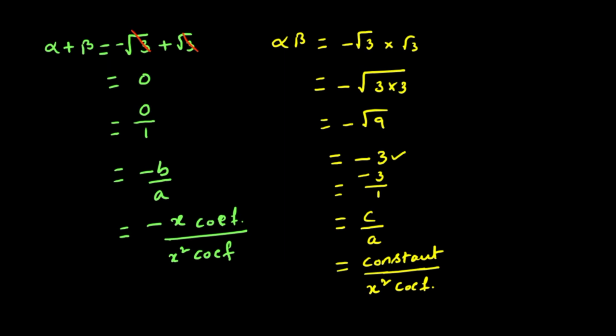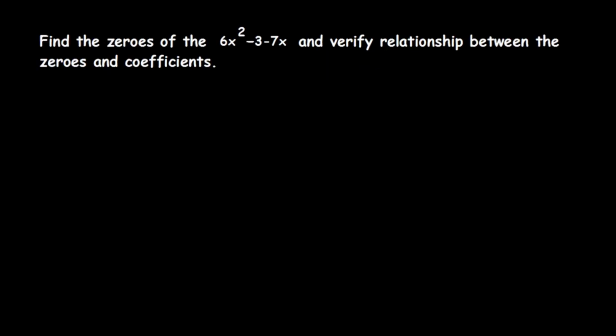So I hope you understood this one also. For the model we discuss one more problem. Next, one more interesting question, 6x square minus x minus 7x. If you observe here, this is not a standard form. So what is the meaning of standard form? The standard form is, first 6x square.